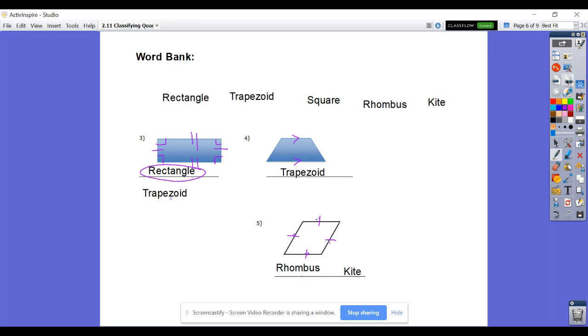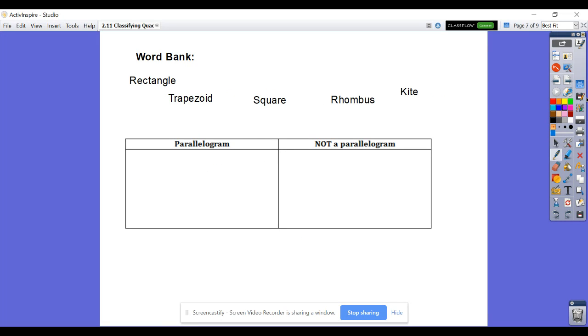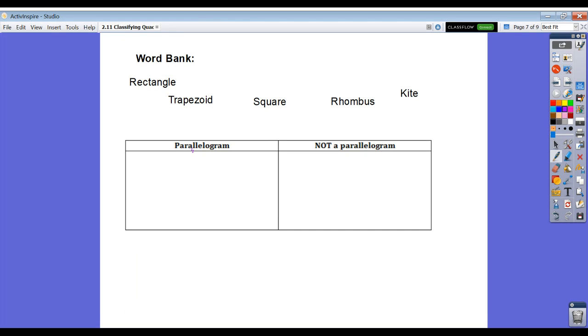Now, the term parallelogram is a pretty big term to know because a lot of different quadrilaterals can be considered parallelograms, but some can't. Remember, we defined this back, if you check back in your notes, it says a parallelogram has to have two pairs of parallel sides.